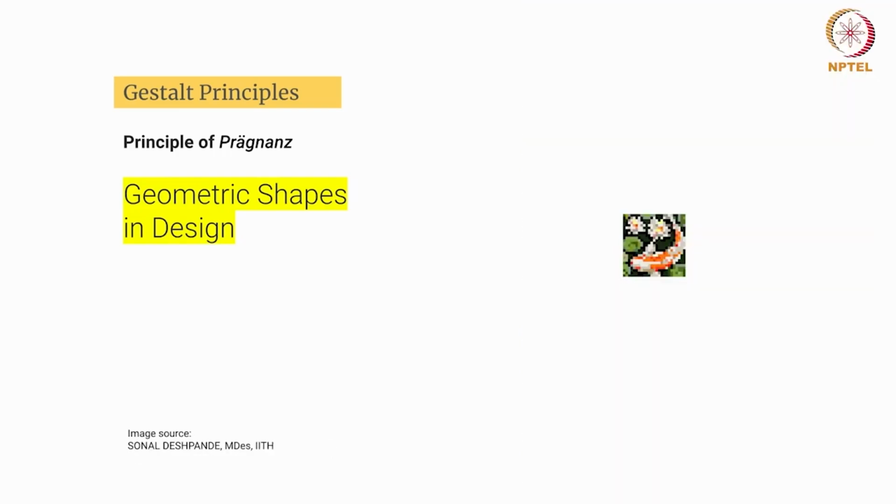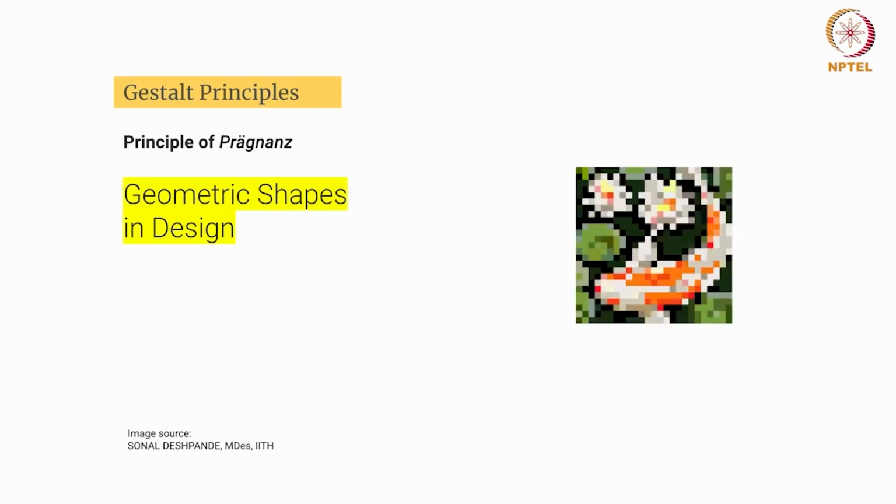Let me ask you a small question: what do you see in this image? Most of you have by now understood that this image is related to koi fish in a small pond with two flowers. If we zoom in a little bit, you can see the pixelated version of it.